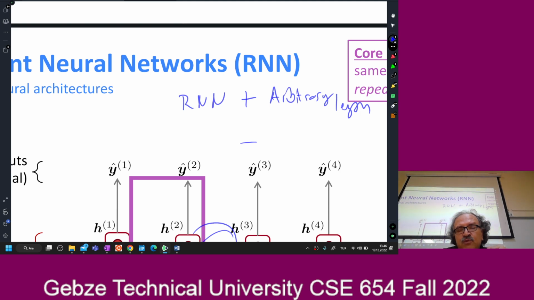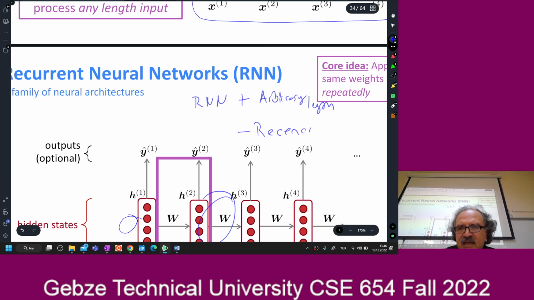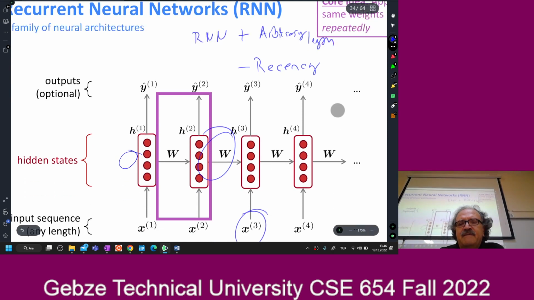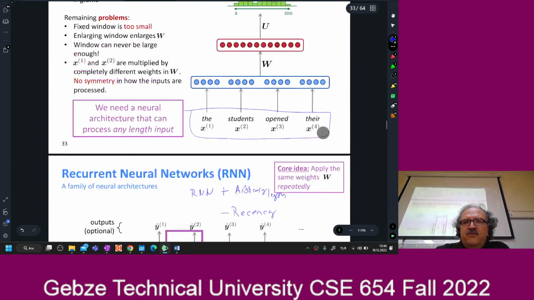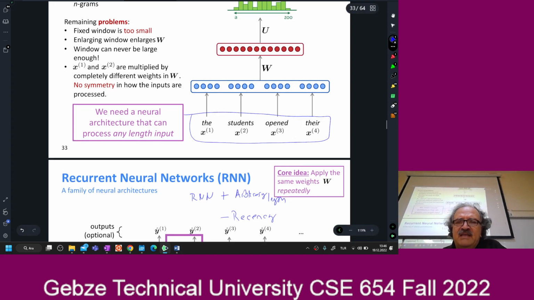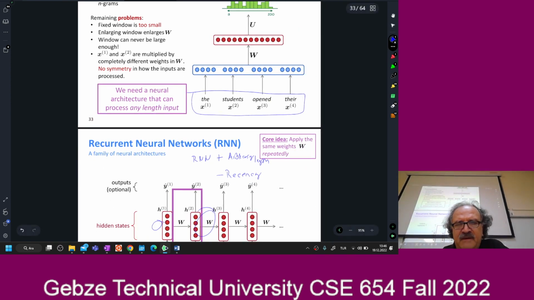Well, sometimes you want it, but sometimes not. Okay, the tendency we call recency. If my input is "the students open there", it is more affected by this word than this word, right? That's the recency problem.